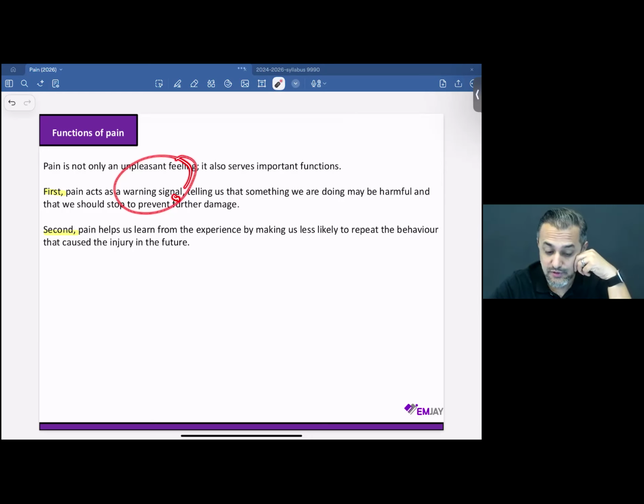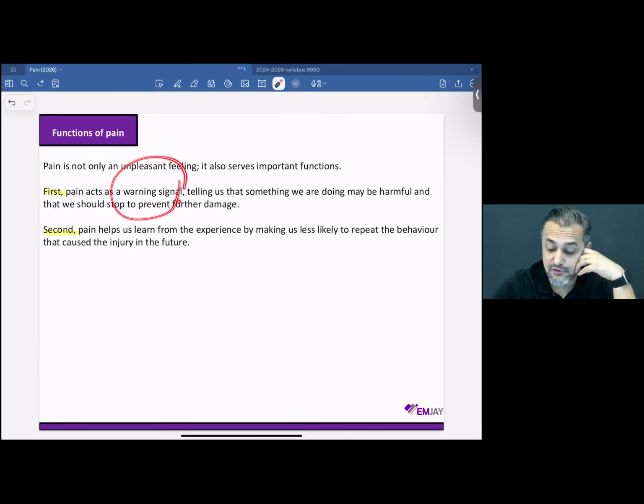And as you enter the kitchen, sooner than you realize, you bump into anything that's there, and it hurts you, and it hurts you bad. Now, this is again a warning signal for you. How is it a warning signal for you?